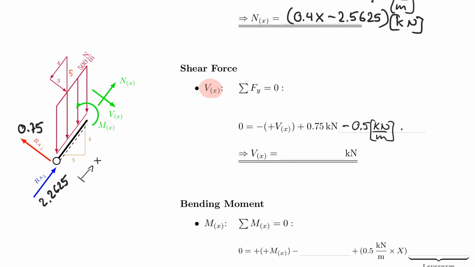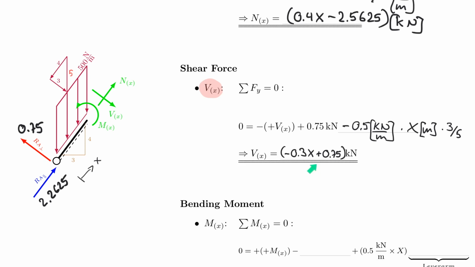And that is multiplied by x meters. But once again, I need to break it down to the 3 over 5 component, so times 3 over 5. And if I solve this now, I will find that it's negative 0.3x plus 0.75, and that is in kilonewton.